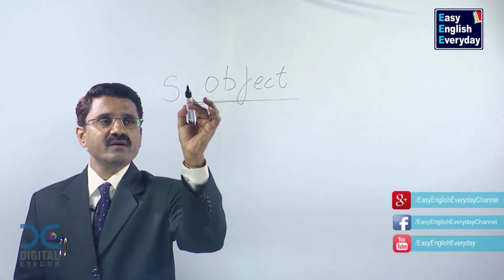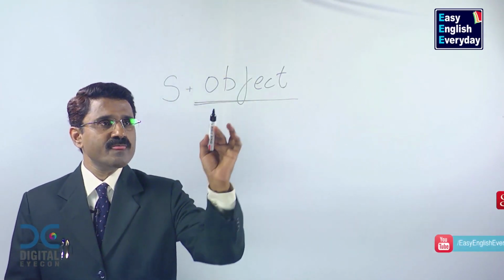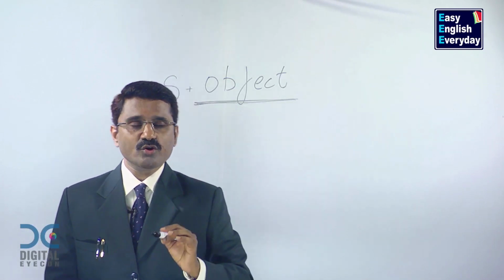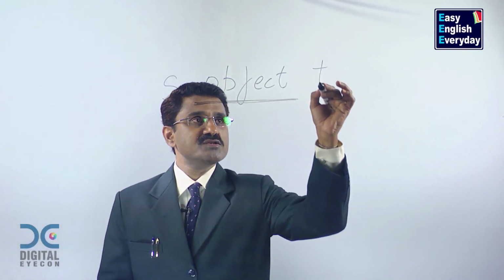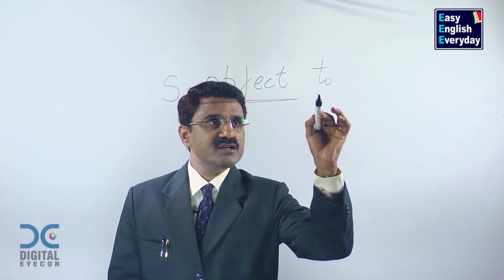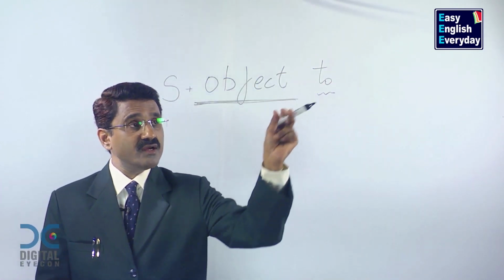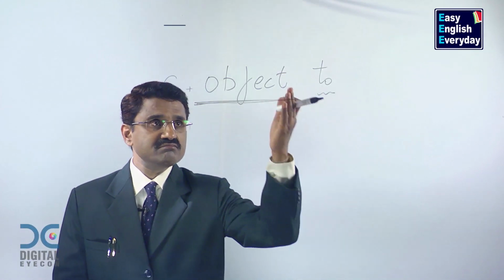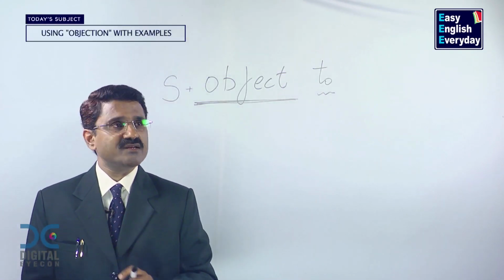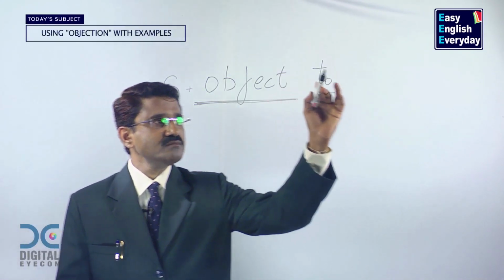This is where you keep the subject. This is where you keep the word object. Now the word to is mandatory. This is a preposition. It has to be here at any cost. If you don't use it, then the sentence is not going to be correct. I object to.